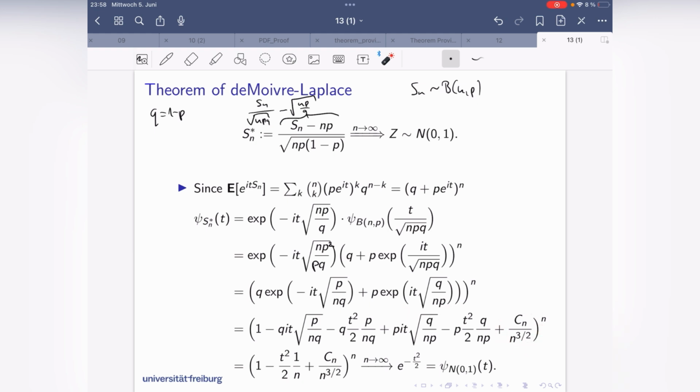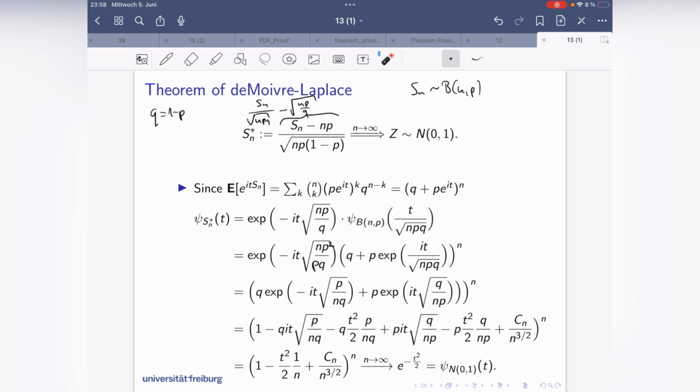Collecting terms, I get this 1 here. The square root of n's should disappear. So I have here q divided by square root of q, which is, well, square root of p times q. And the same happens here. Here I have minus, here a plus, so this vanishes.